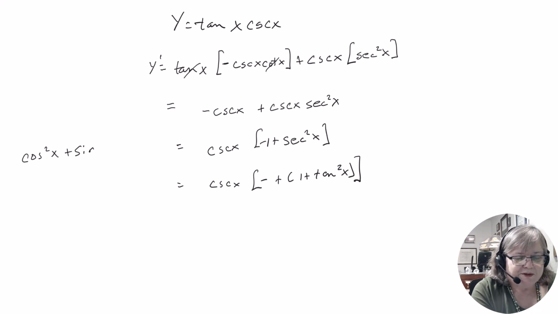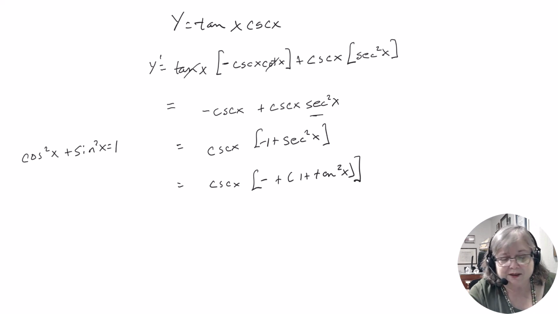So most students remember that this basic sine squared x plus cosine squared x is equal to 1. And when you see things like secant squared or 1 plus something, you think, oh man, it's probably related to that. And since I'm trying to figure out what secant squared is, secant squared is 1 over cosine squared.